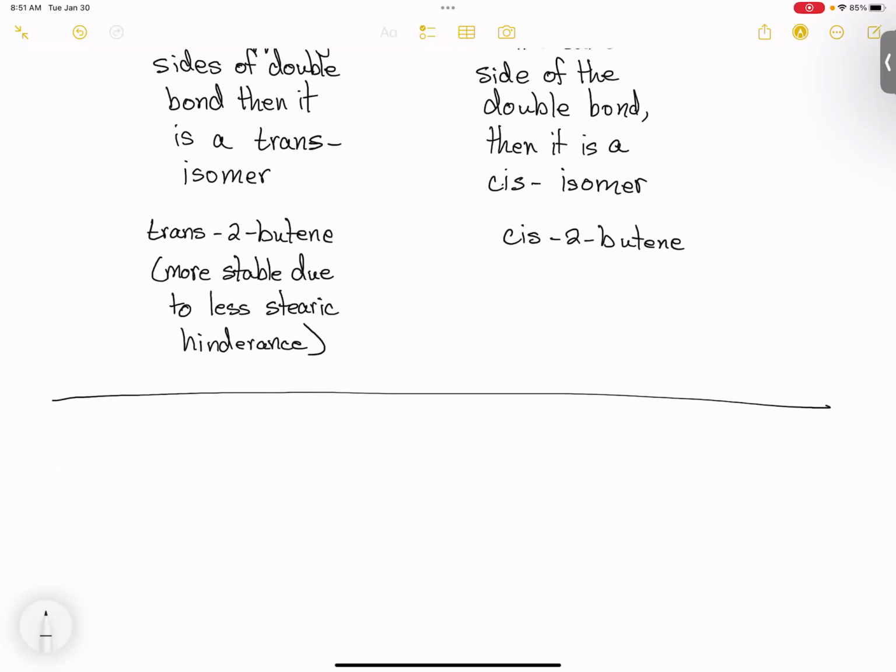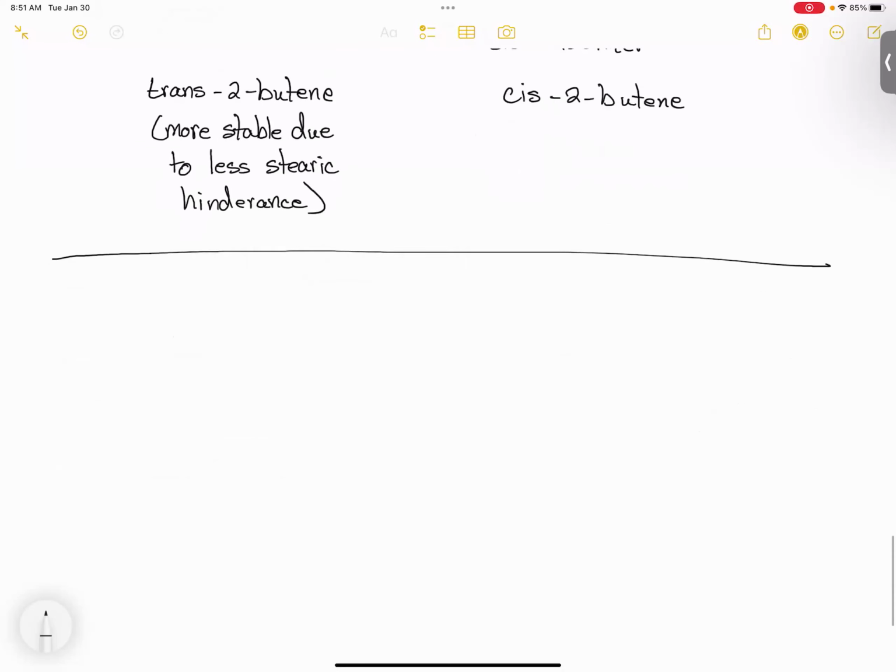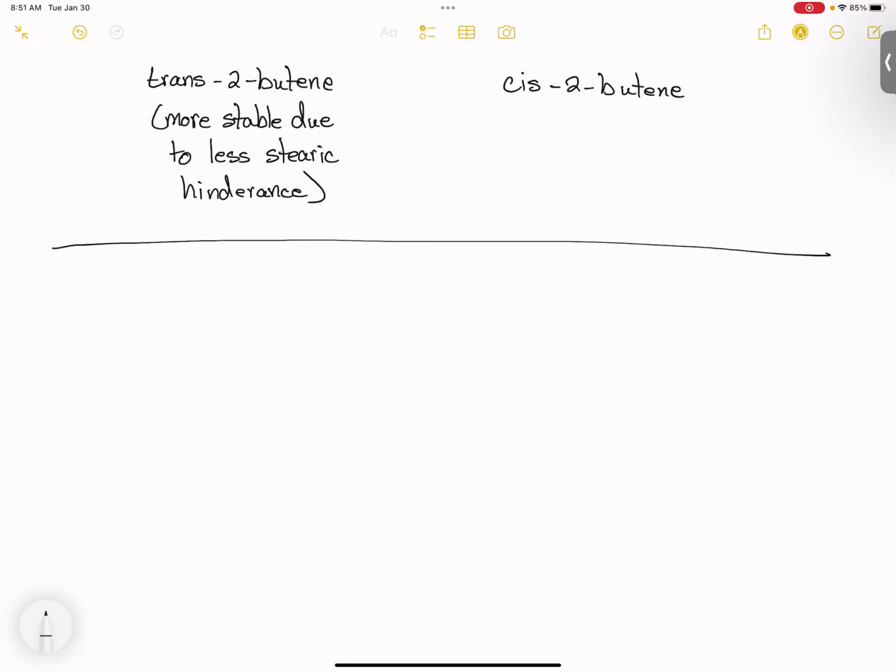So for this double bond, let's think of it as a generic one.